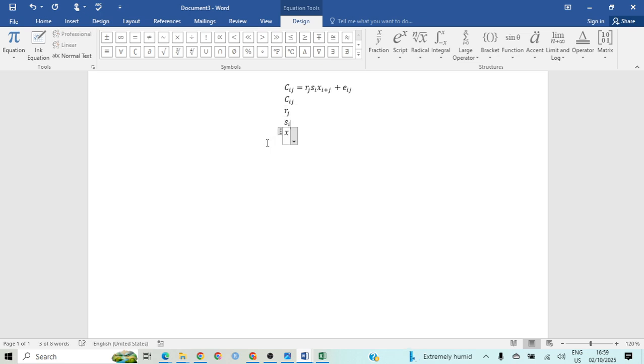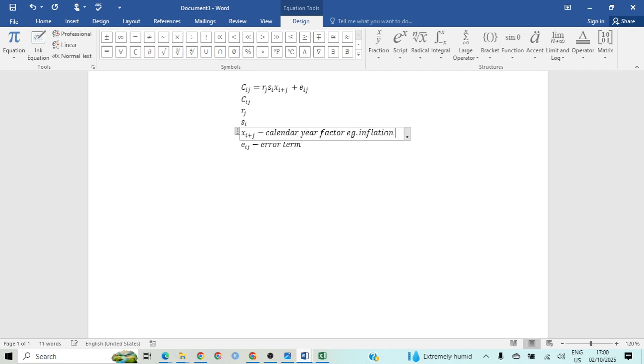s_i, x_{i+j}, e_ij. This is the error term. This is the calendar year factor, e.g. inflation.